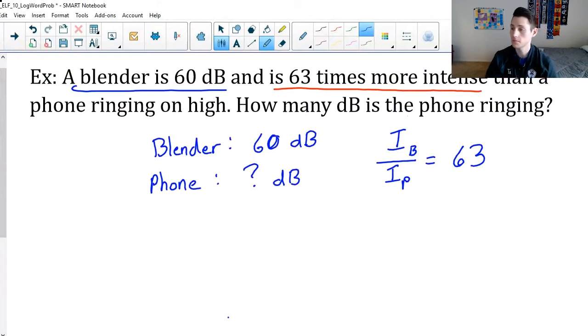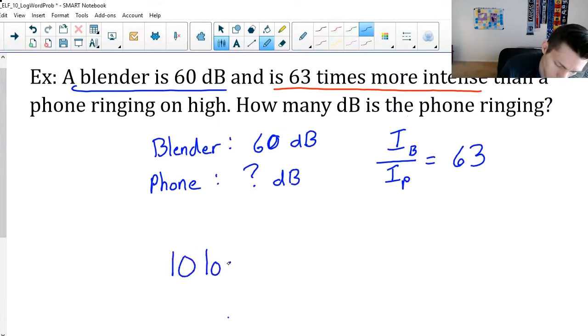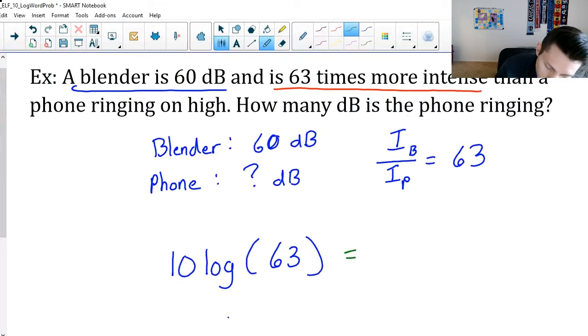So let's use this in my formula: 10 log, so the intensity of the blender compared to the intensity of the phone is 63. And so that would be equal to the difference in decibels. I can just write dB because I don't know how to spell decibels. It's too hard.